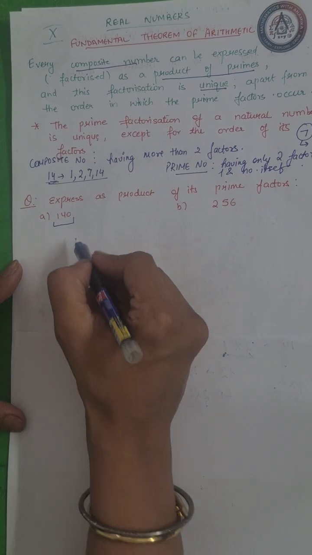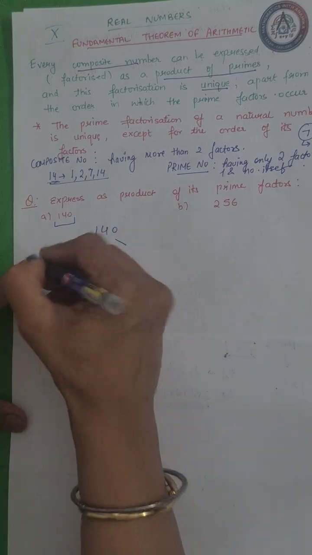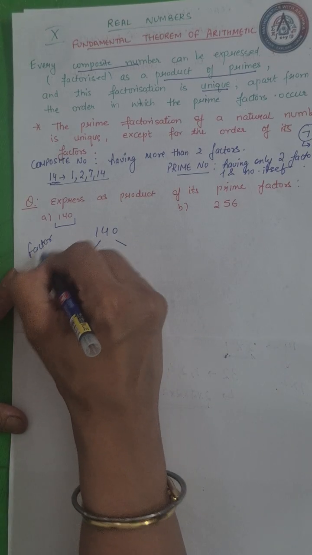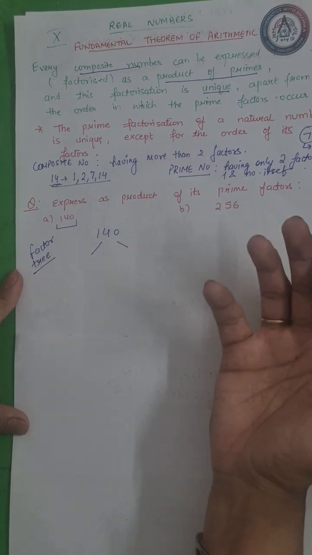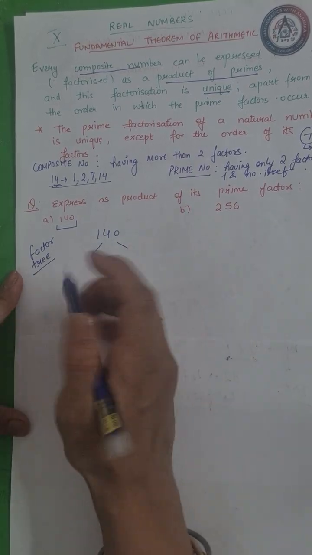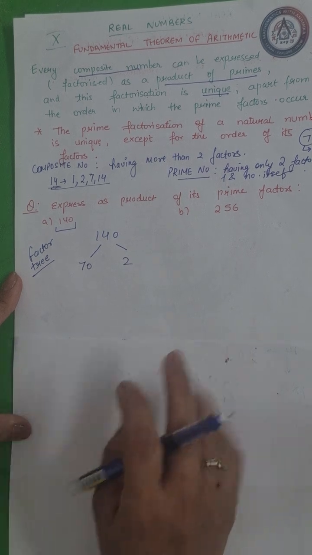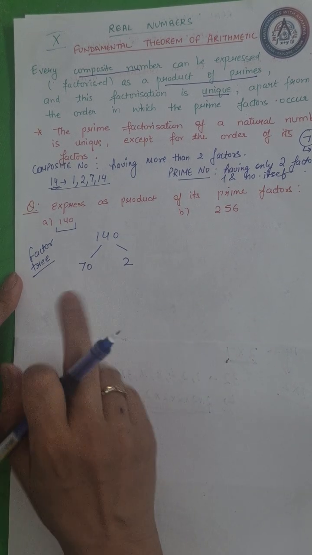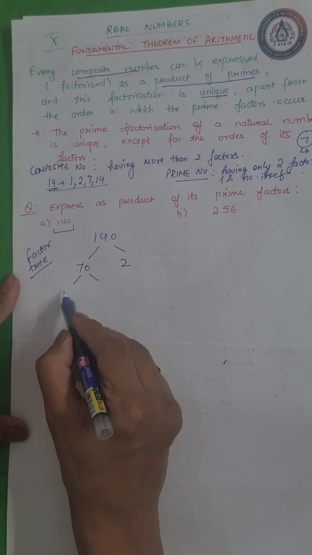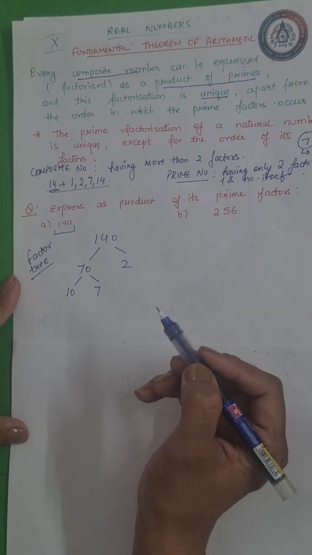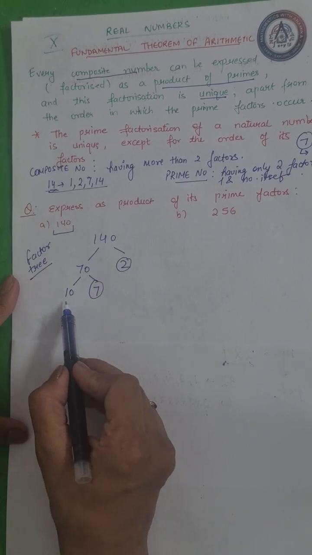When I say 140, we can apply the factor tree, which you have done in junior classes. There are ample ways of doing it, whether you take prime numbers or not. I take 70 times 2 is 140. Now 2 is a prime number which cannot be further divided. So we can apply this for 70. That is 10 times 7 is 70. Again 7 is a prime number, we'll leave this. 10 is not a prime number.